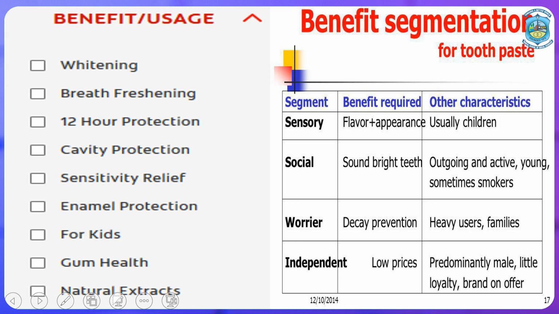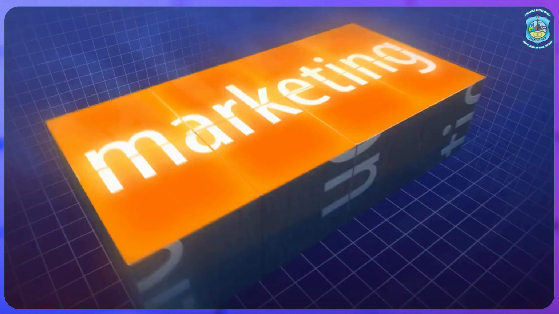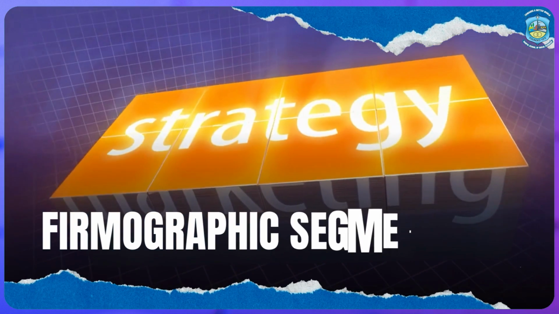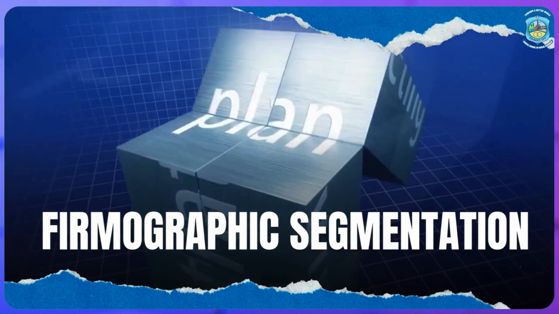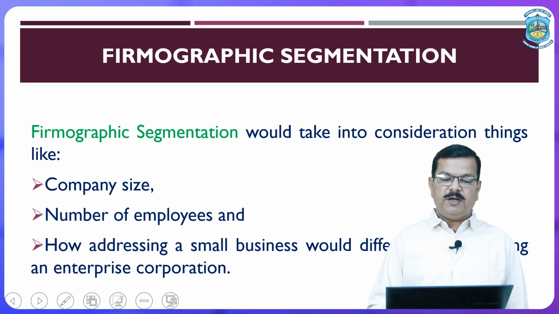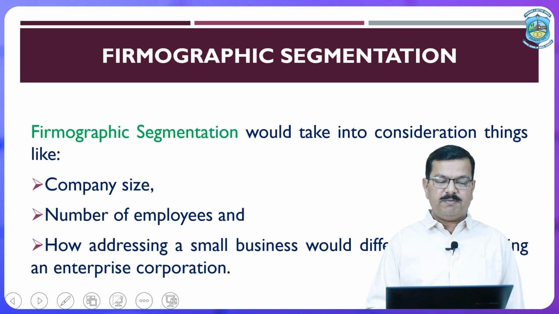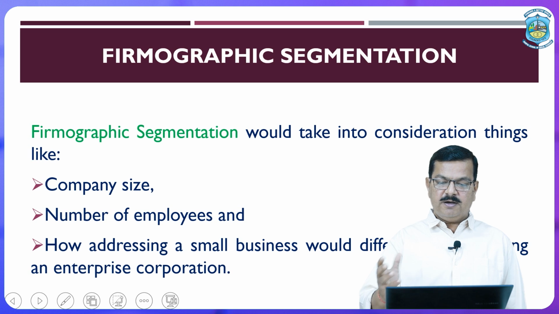So I hope you have understood this normal classification of market segmentation. As in the beginning I told you about firmographic segmentation, which is very closely associated with demographic segmentation, it is done on the basis of the company size, number of employees, and how the companies address small businesses and big corporations, how they offer their products and services in the marketplace.